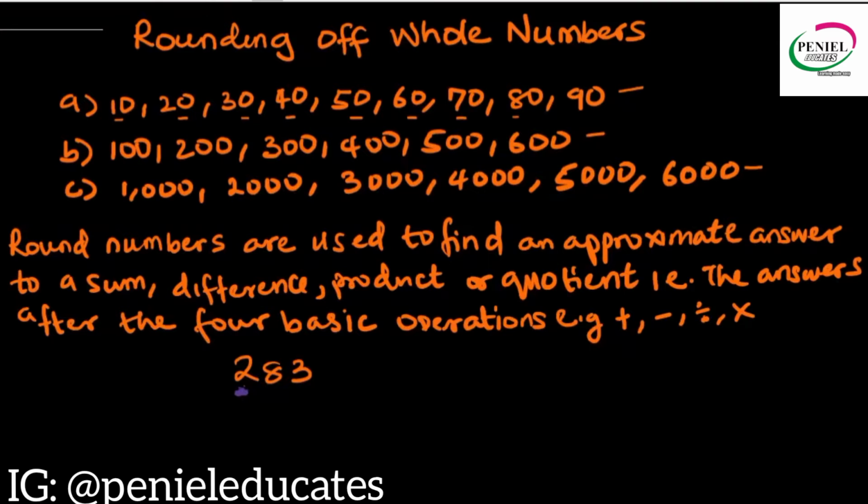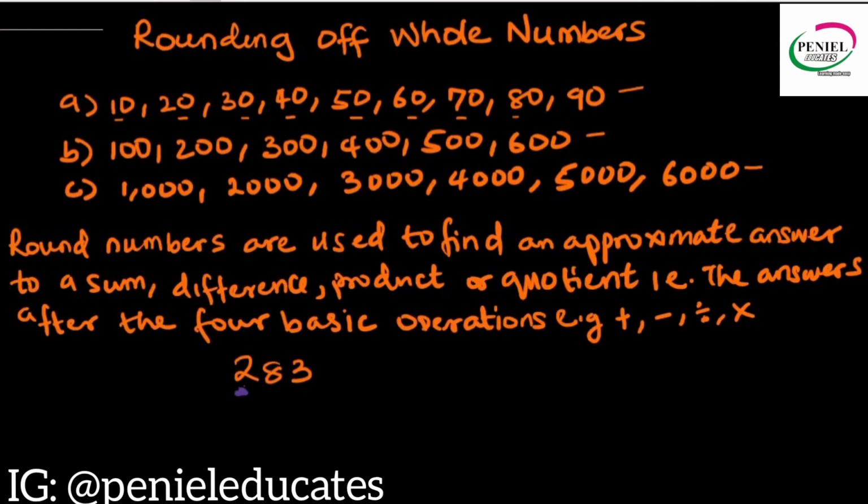Now, this is the number we are going by, and mind you, this 8 is more than 5. If the number that is here is 5 or more, then you convert it to 1 and add it to the hundreds digit.